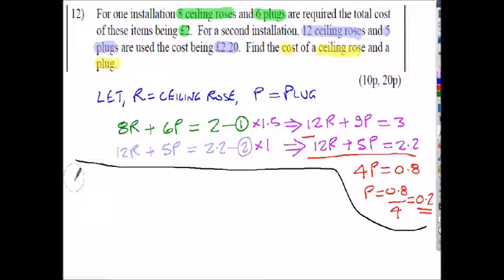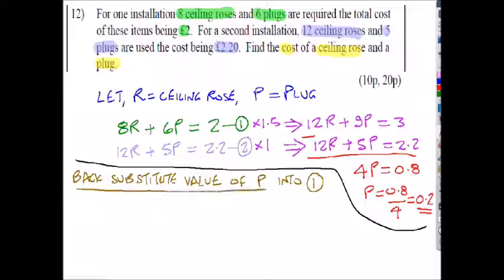To find the value of R we need to back substitute into one of the equations. To back substitute the value of P, I'm going to choose equation 1 here. So 8 multiplied by R plus 6 multiplied by P, and P is 0.2, that's equal to 2. Again, we put the value of 0.2 for P into equation 1.